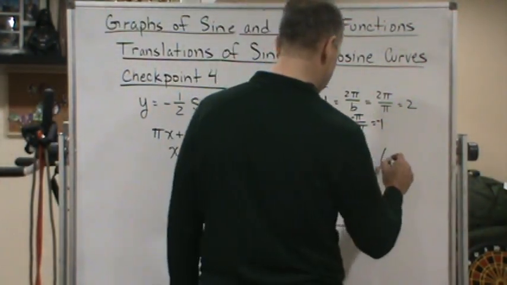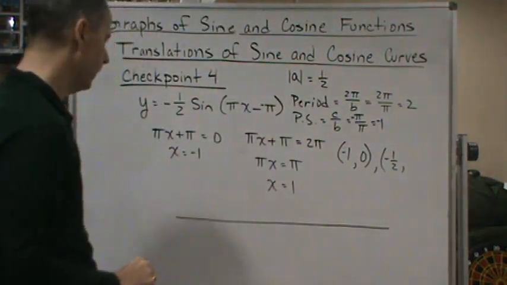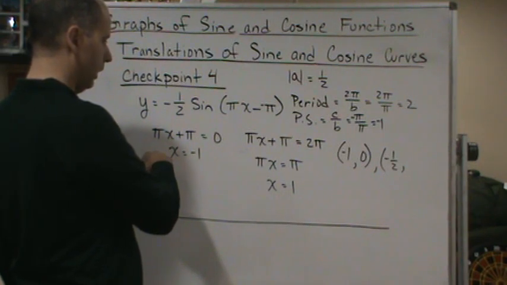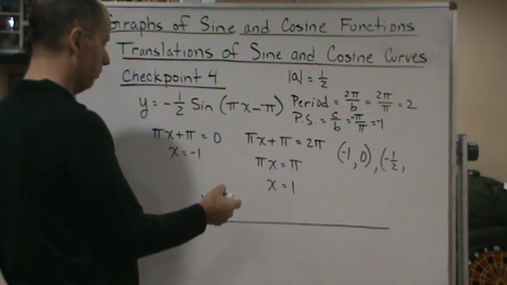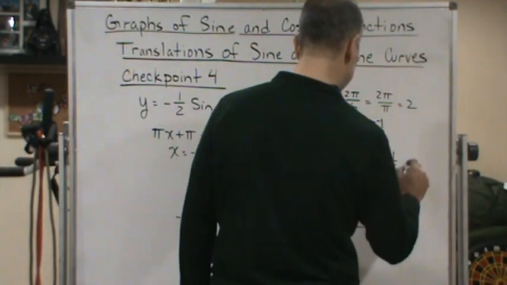So the next one is going to be -1/2, and this time it's going to go down to -1/2.